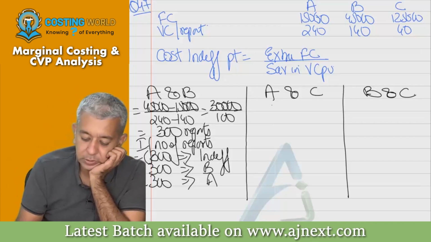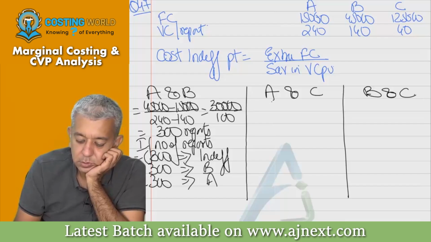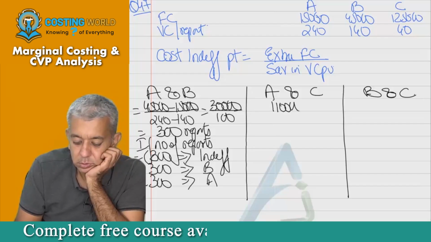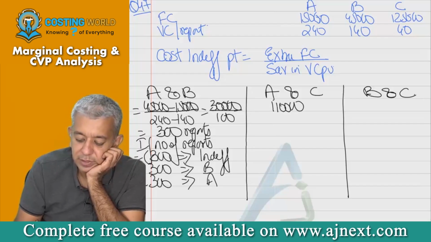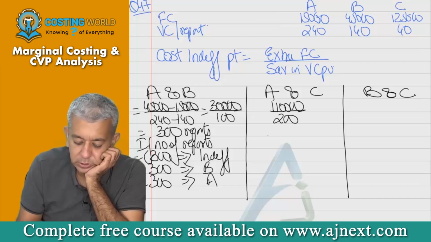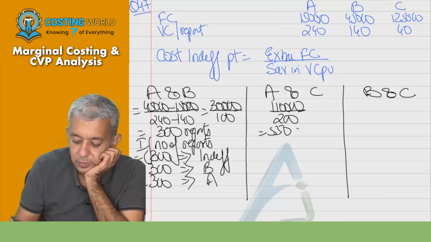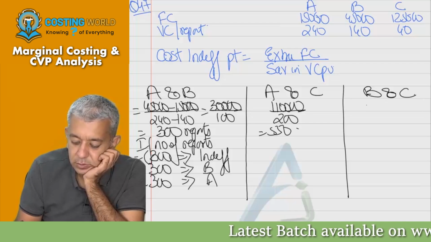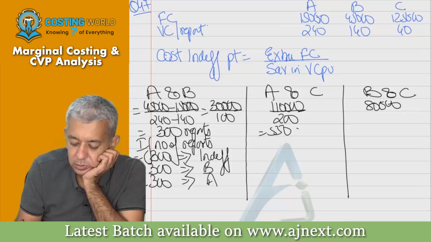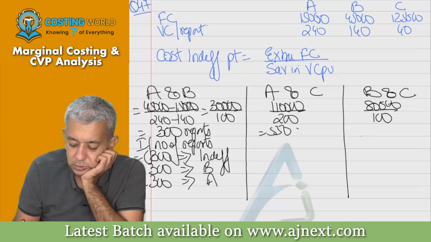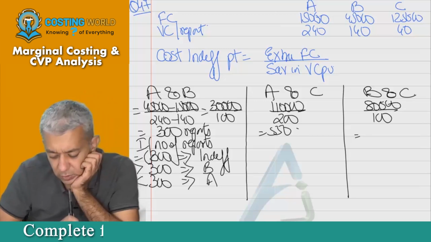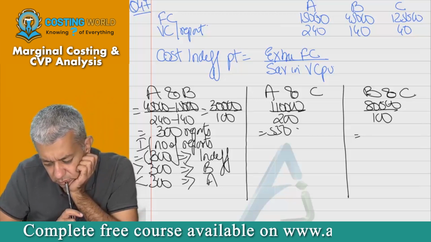I'll also do it here. So this will be A and C now, 110 divided by 200. This is 550 and this is 45, 80,000 divided by 100. It's 80,000, no? Yes.